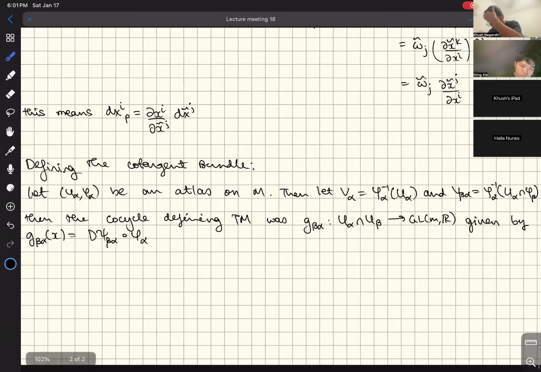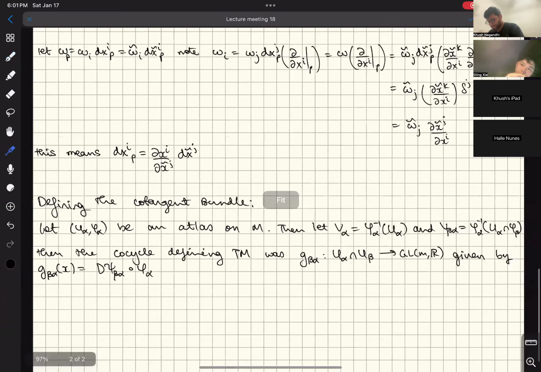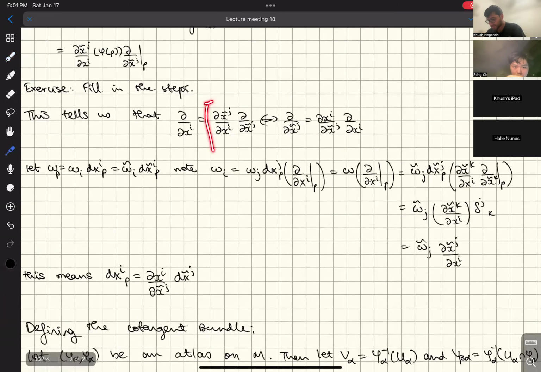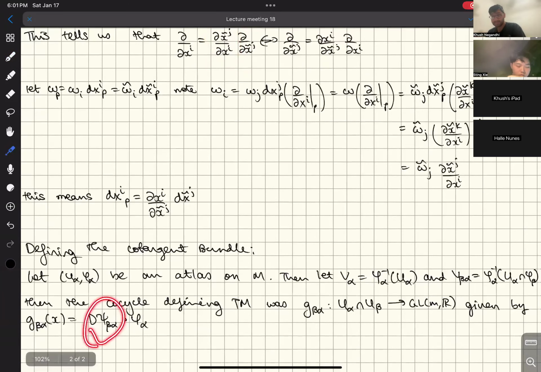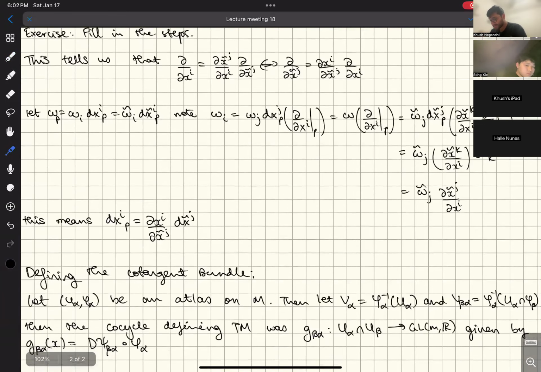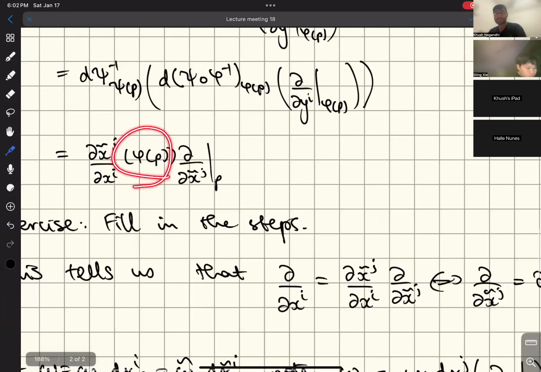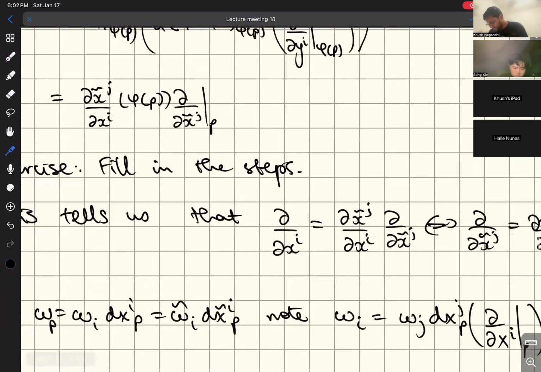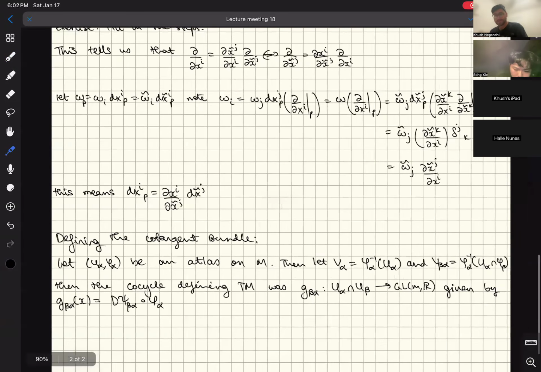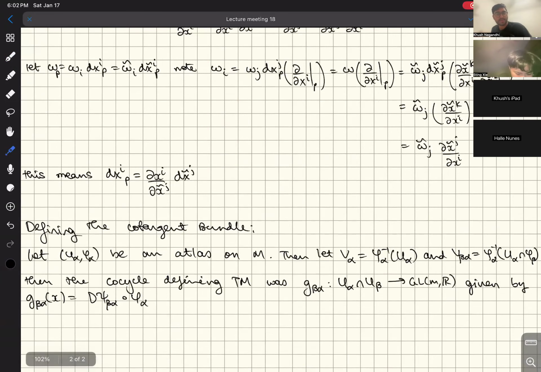And we see this because this is what this matrix is here. This is the derivative of the transition map evaluated at the point phi of p. Okay, so are there any questions? We talked about this construction, but still, are there any questions regarding this construction and why it defines the tangent bundle?